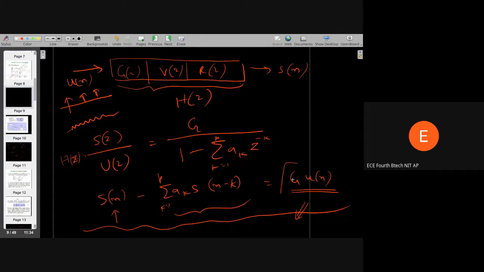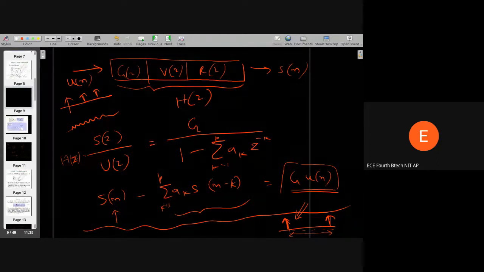Because g of u(n) will be zero for most of the time, except at certain time indices where the impulse occurs, where the glottal vibration occurs. Only on those instances, where we have to model the periodic glottal vibration, we represent it with a unit impulse.